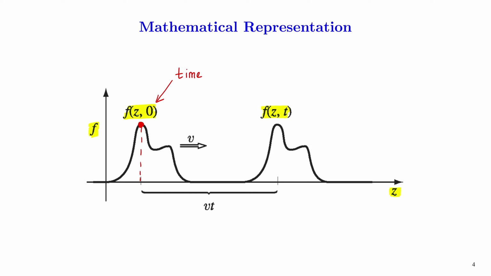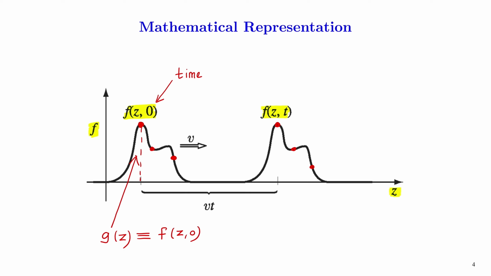That is, the point that we have considered in the wave has traveled a distance vt in time t. Now let us assume that at t equal to 0, the shape of the wave is defined to be g(z), and that is equivalent to f(z, 0).